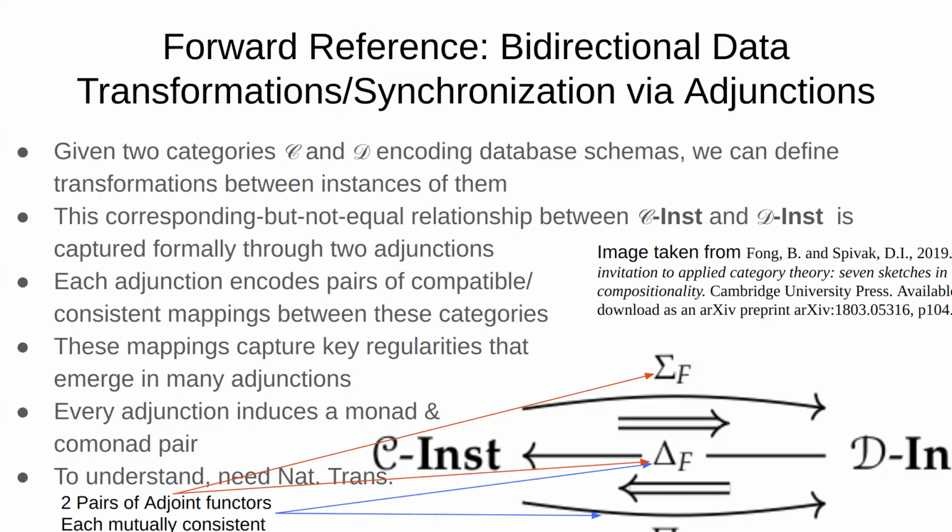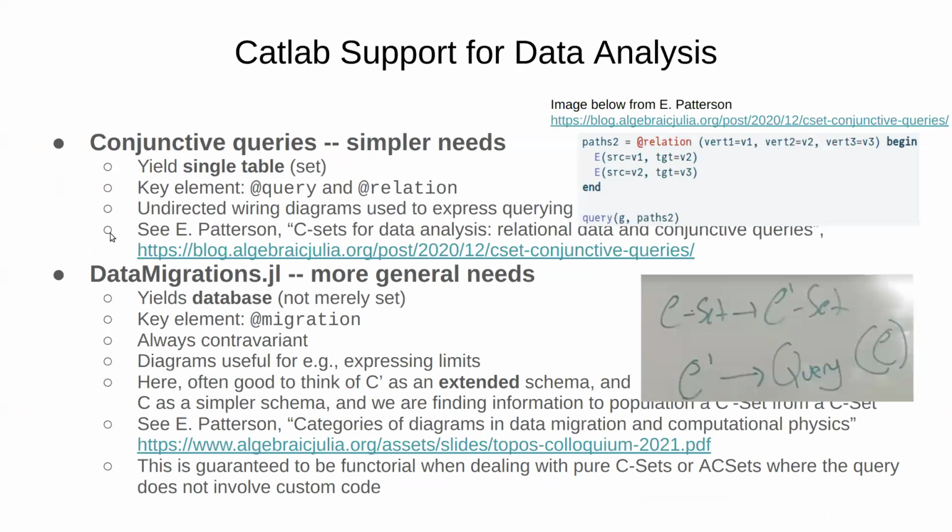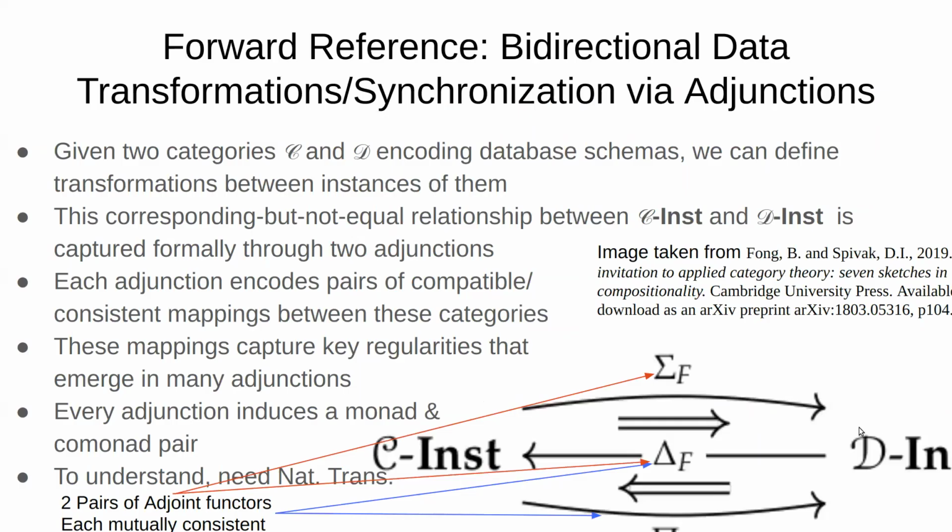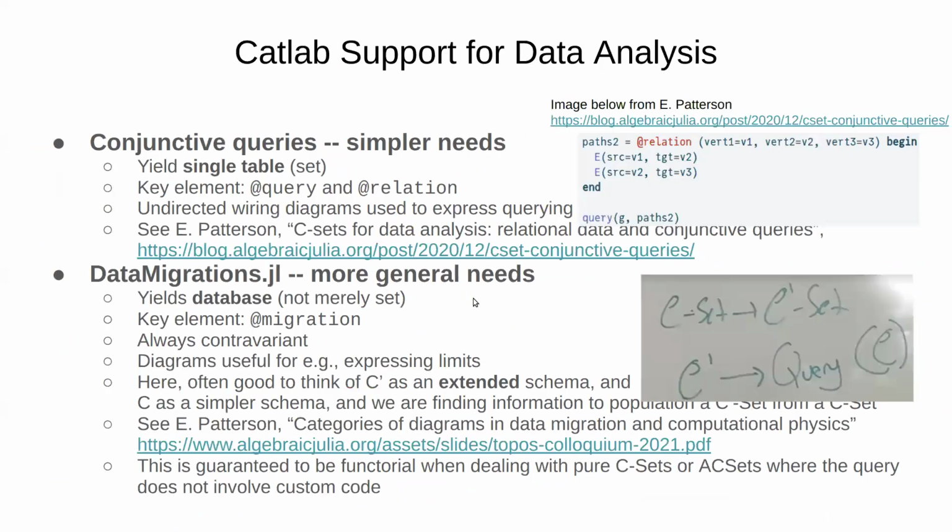You have these right away. This ability to migrate data. It turns out that that's not the only way to go between like a D set and a C set, going this contravariant way. So in CATLAB and in Algebraic Julia, that's based around CATLAB, there's really two mechanisms for data migration.